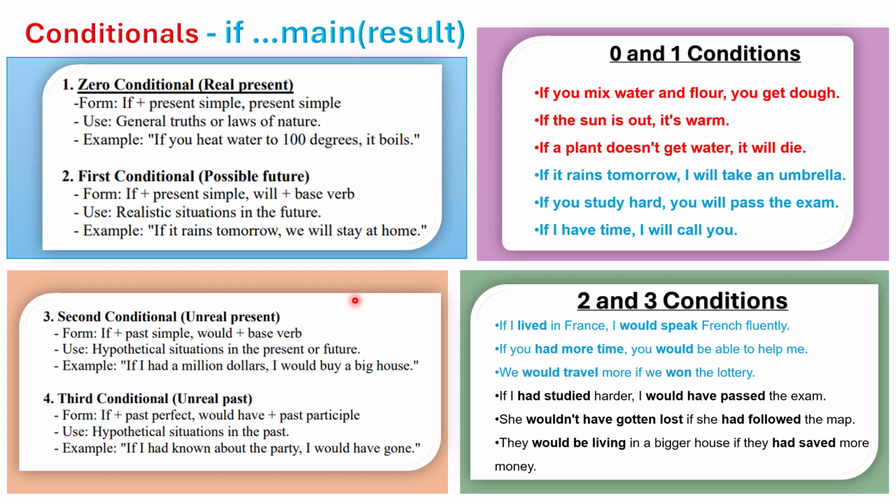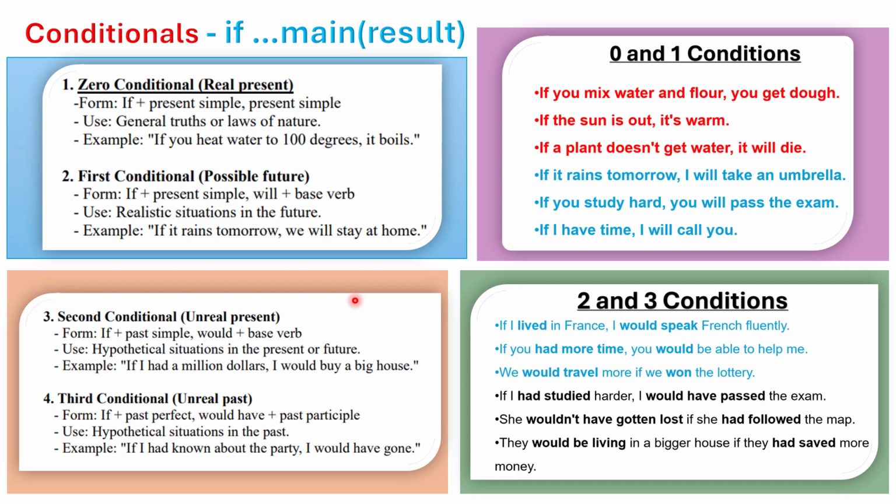The third conditional is called unreal past, also unrealistic, also hypothetical, but in the past. Why is the second conditional unreal, and why is the third conditional different? Because both of them are unreal, both of them impossible, but this one is more impossible, more unrealistic than the second conditional.